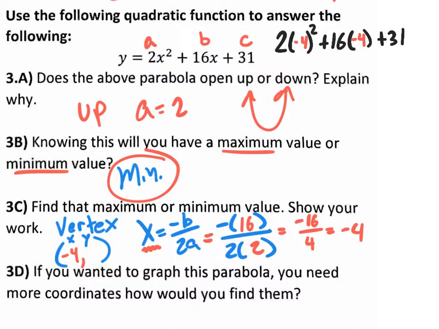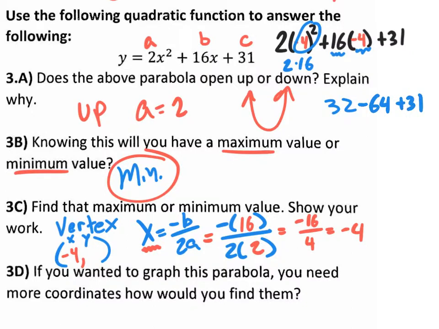And then I want to use my brain and a calculator, right? Negative 4 squared, that's 16. 2 times 16 is 32. Okay, it's going to get kind of ugly. Let me write over here, 32. And then 16 times negative 4, negative 64. And then bring down the plus 31.